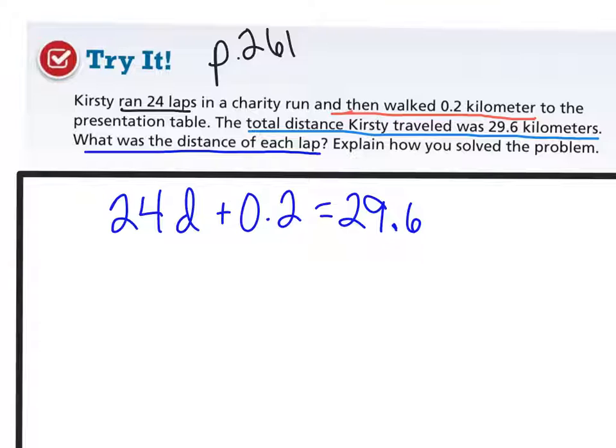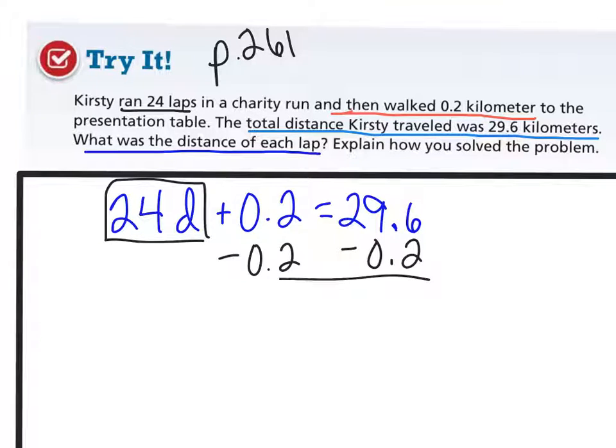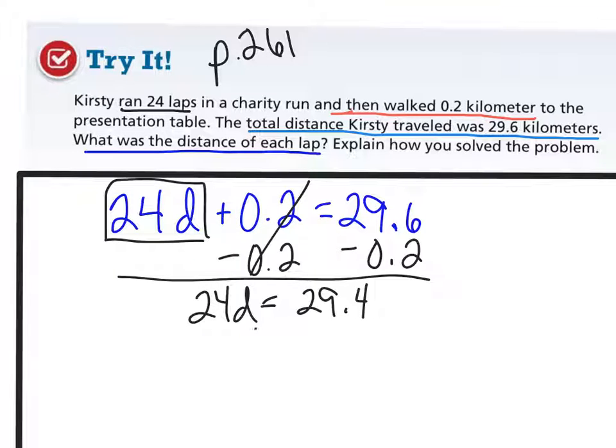If we go ahead and solve this, and then I'll mention another way you could do this problem. The first thing, we would try to get our variable term by itself. They're adding 0.2, so we could subtract 0.2. Make sure you line your decimals up. Since they are multiplying by 24, we'll divide by 24.